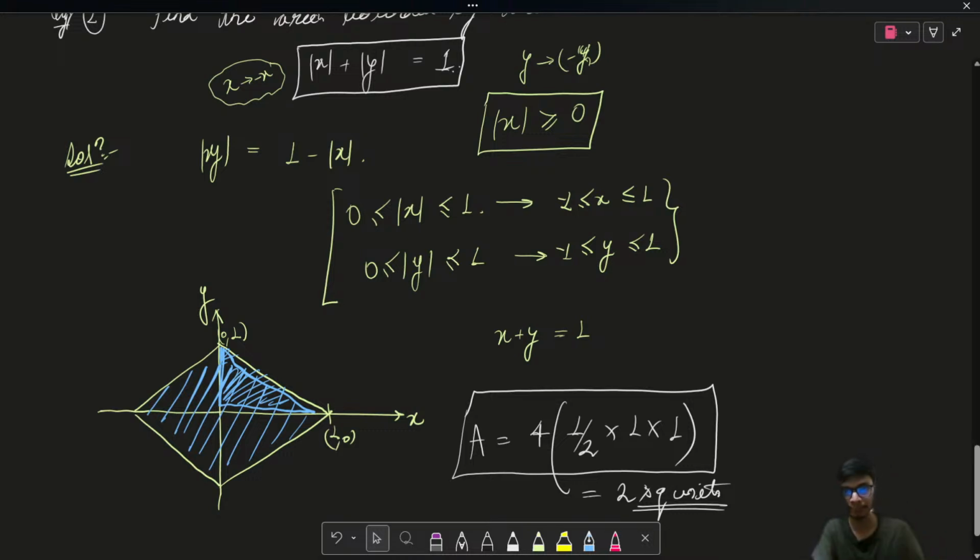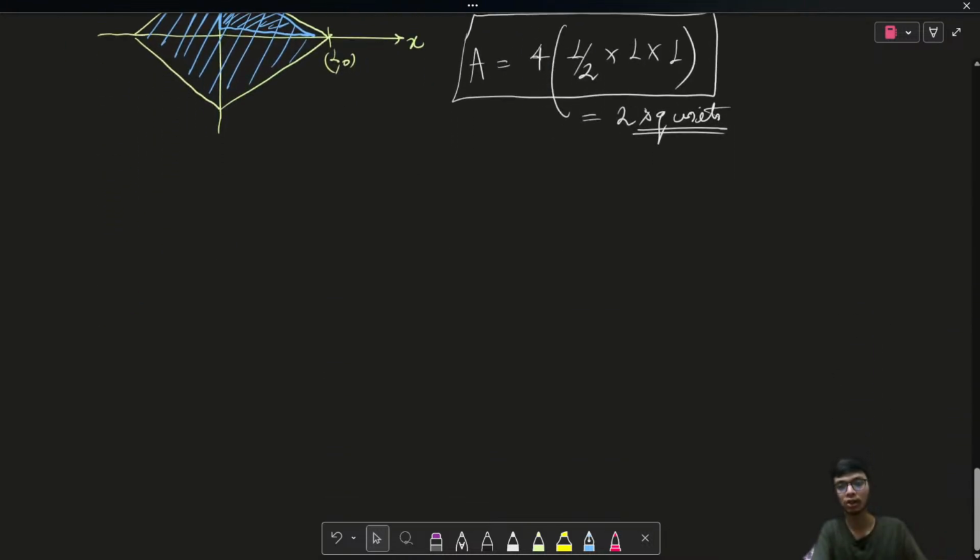This is a very interesting problem, and especially if you are not that good with curve sketching, this question is definitely going to teach you something. Let me write the question over here.